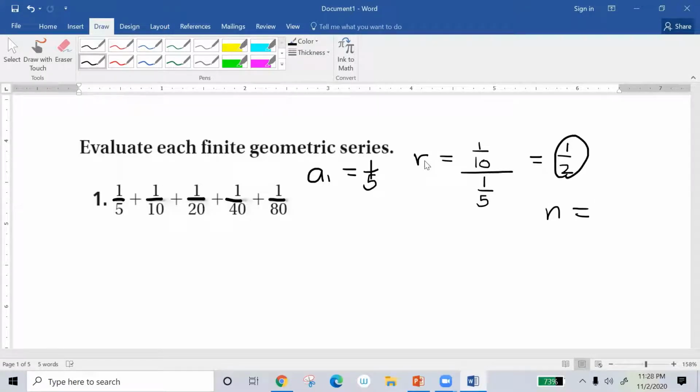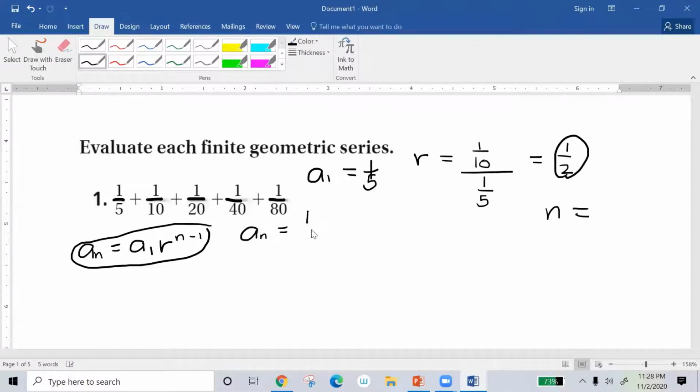Okay, the explicit formula is a sub n is equal to a sub 1 times r raised to n minus 1. We will use the explicit formula to find the number of terms.